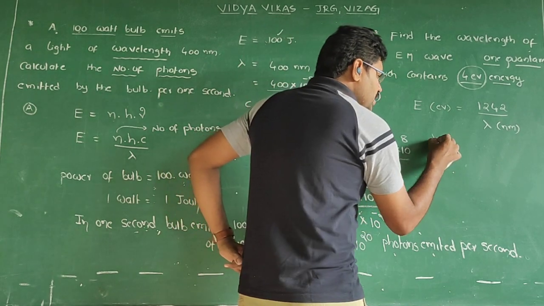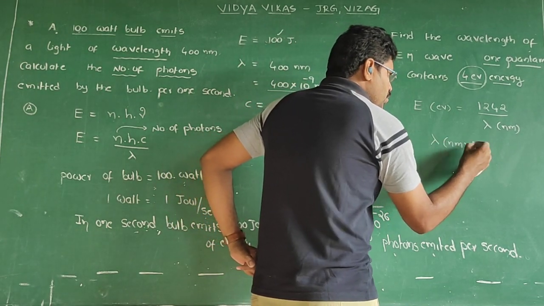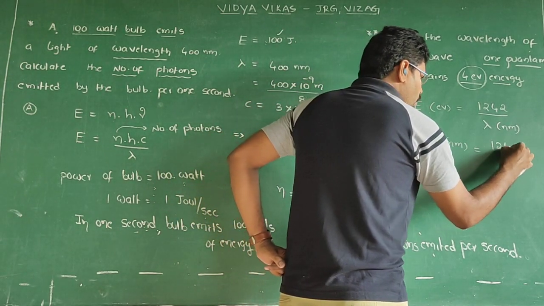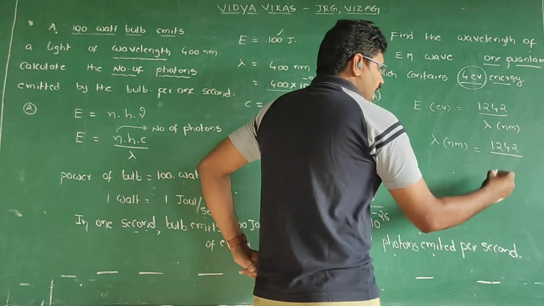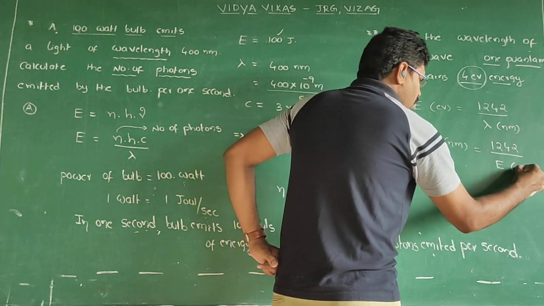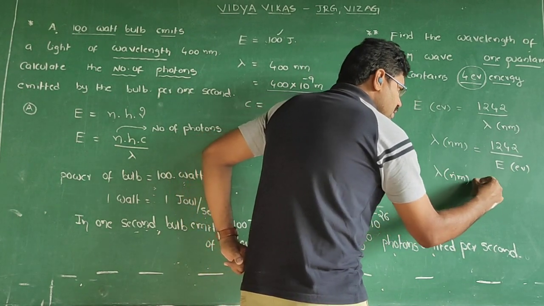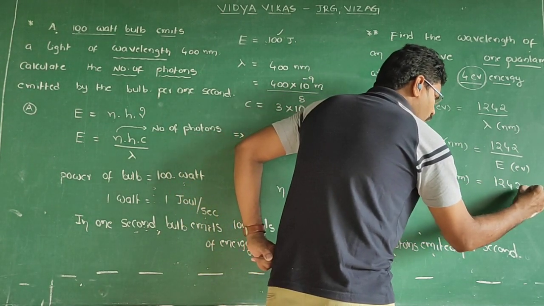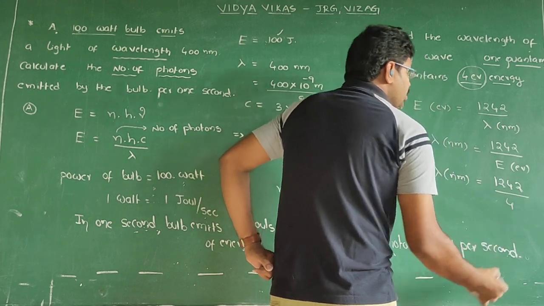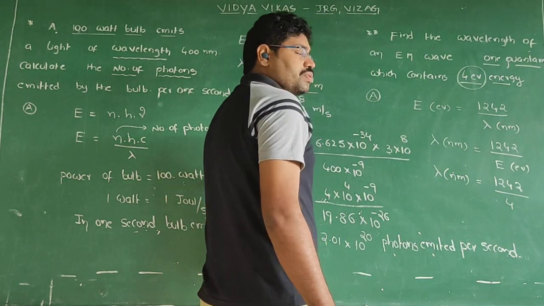We have this formula: 1242 by lambda in nanometers. So what is lambda in nanometers, sir? Simply 1242 by energy in electron volts. So lambda in nanometers is 1242 by energy in electron volts.